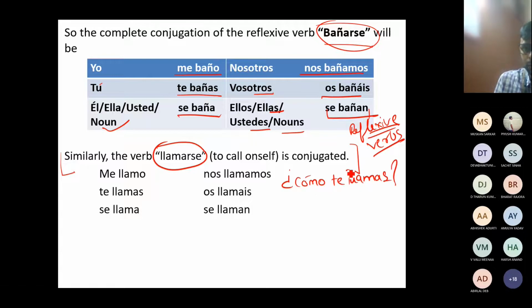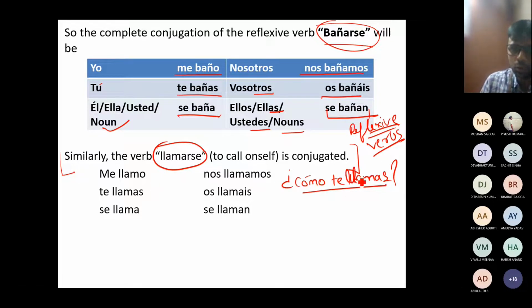I hope all of you remember. Now, this is an important topic. You have to understand it very well. You may get a question on it in your final exam, so please try to understand it.